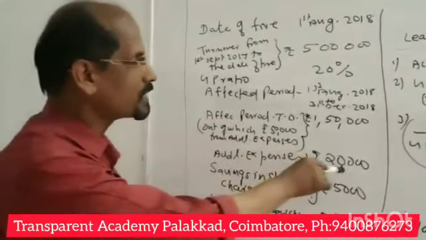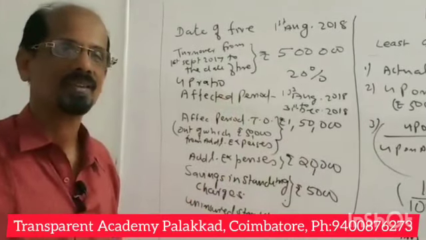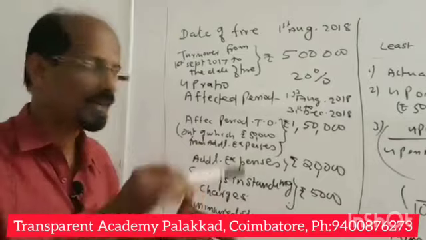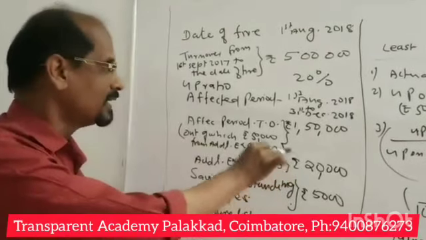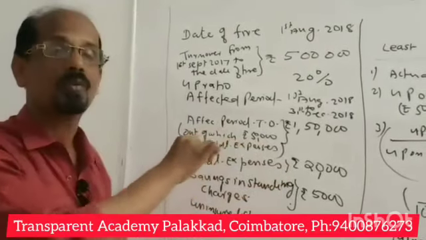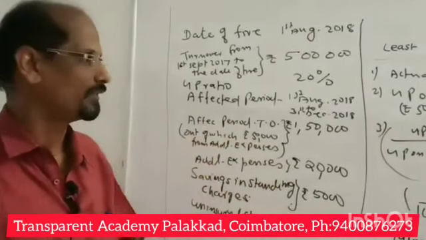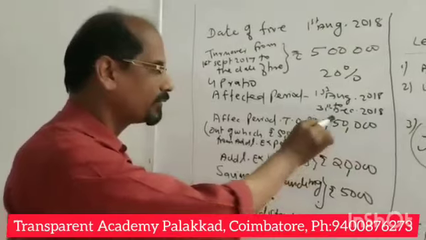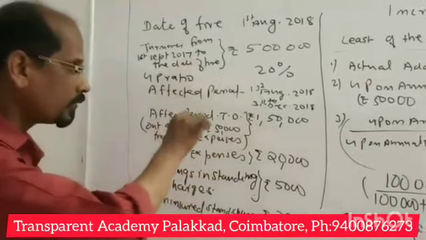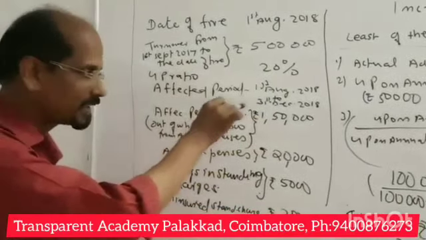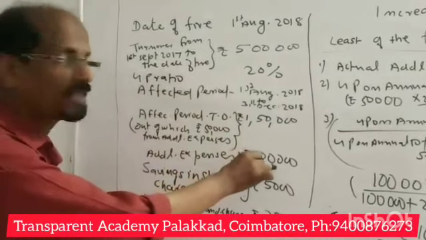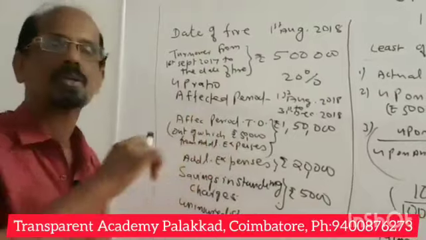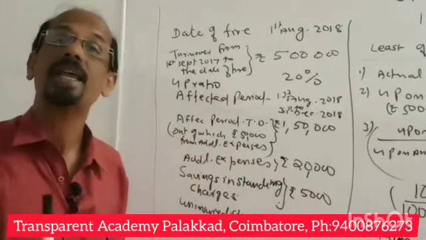The additional expense is, suppose, 20,000. If you had not spent that additional expense of 20,000, the sale of rupees 50,000 would not have been achieved. So this 50,000 turnover is called saved turnover.